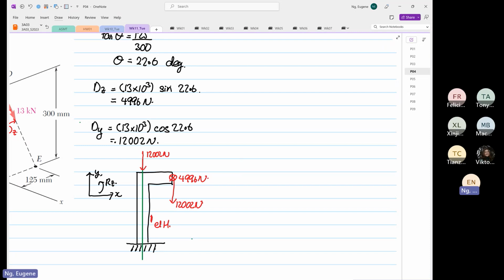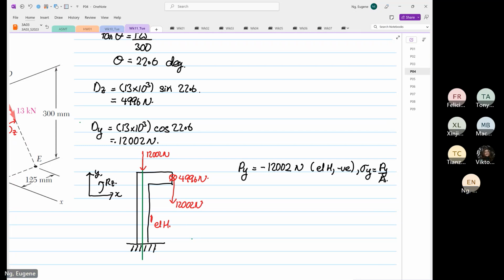Py is equal to minus, because it is going to induce a compressive stress. So element H will be negative. For this case, the stress in the y direction is equal to Py divided by area.